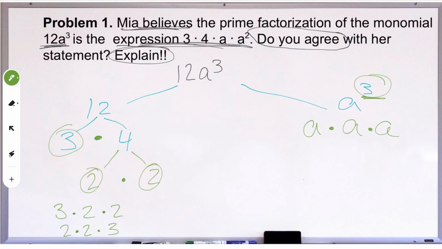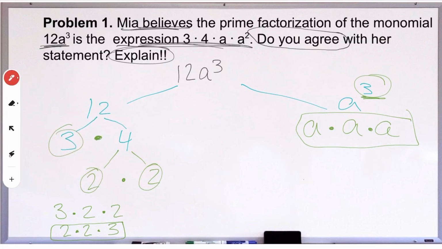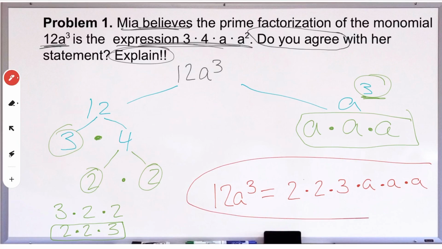Therefore, all we have to do is take this prime factorization and this complete factorization and multiply them together. So we will have 12a cubed is equivalent to 2 times 2 times 3 times a times a times a.